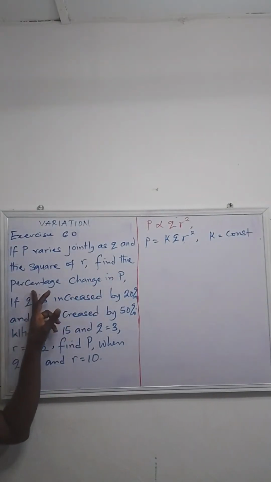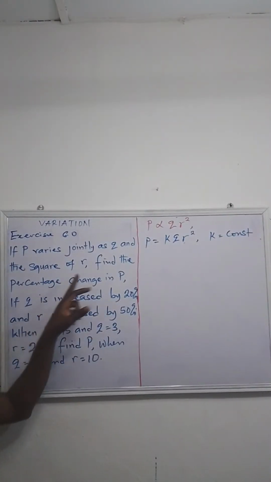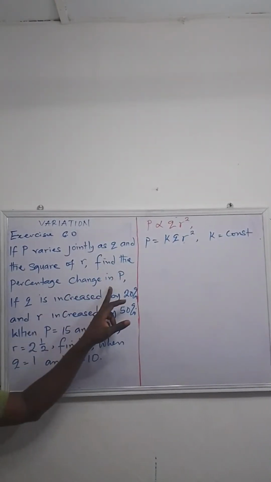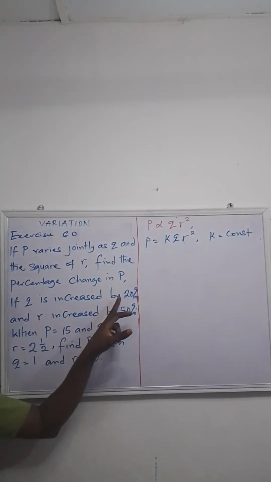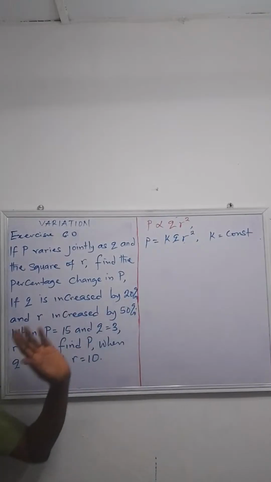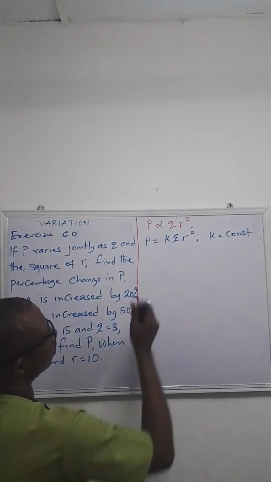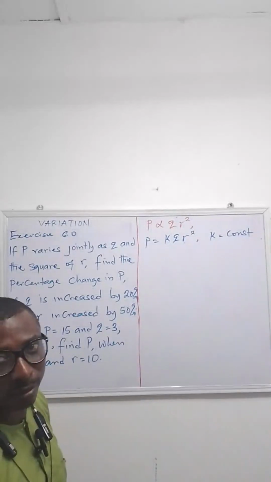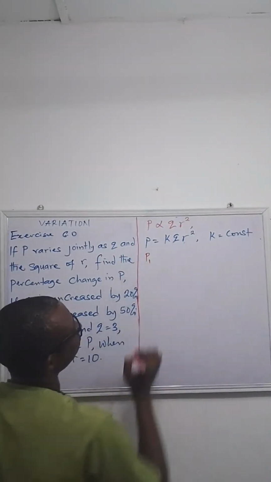Find the percentage change in P if Q is increased by 20%. So we have a new P, let's call that new P, P1.